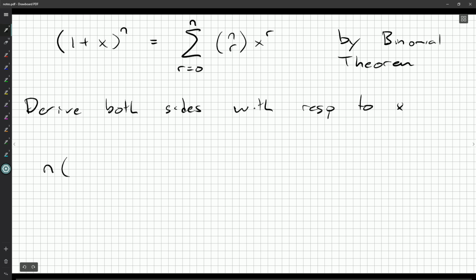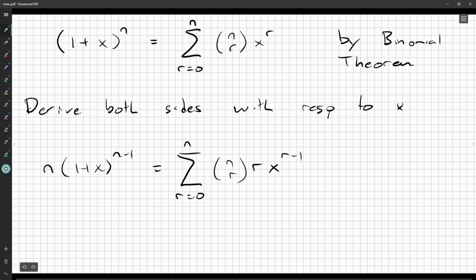So the n will come down, you'll get (1 plus x) to the n minus 1. This is sort of generalized power rule. And then the constants rule says don't really do anything with the n choose r. There's no x's there. But then we get an r x to the r minus 1, because again, power rule says bring the exponent down and decrease the exponent by 1.